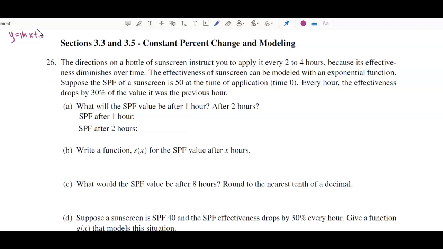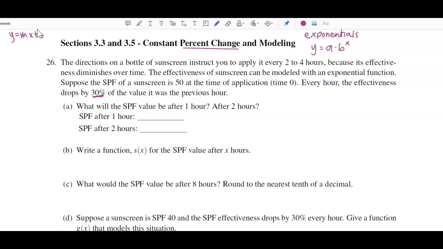Whereas on this one, notice that what we're dealing with is a percent change. And whenever we're dealing with a percent change, then we're actually dealing with exponentials. So we have y equals a times b to the x power, where a is your start amount and b is your percent change.